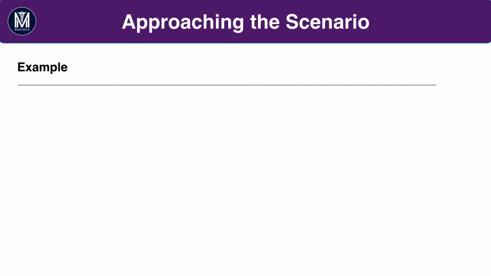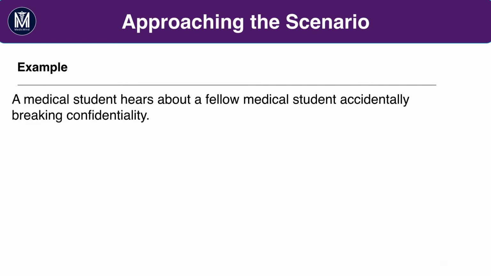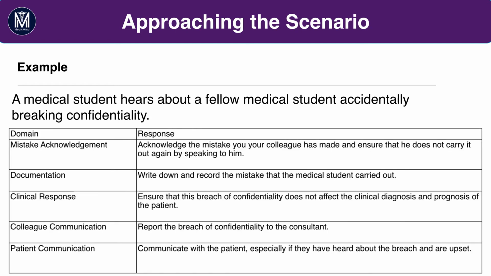An example now. In this example, a medical student hears about a fellow medical student accidentally breaking confidentiality. These are the different responses that could occur. Mistake acknowledgement: acknowledging the mistake your colleague made and ensuring that he does not carry it out again by speaking to him. That would be a very appropriate thing to do. Writing down and recording the mistake that the medical student carried out is also a very appropriate thing to do.